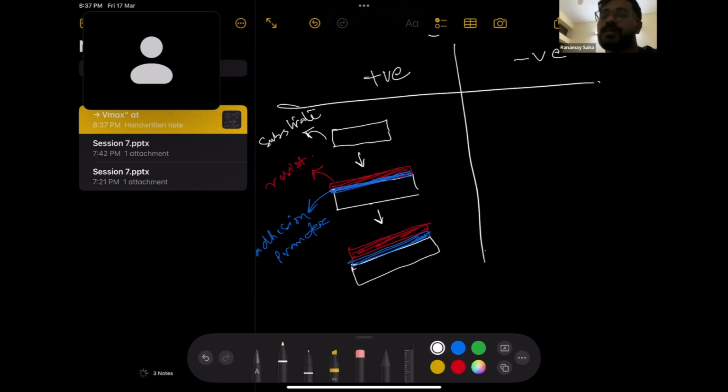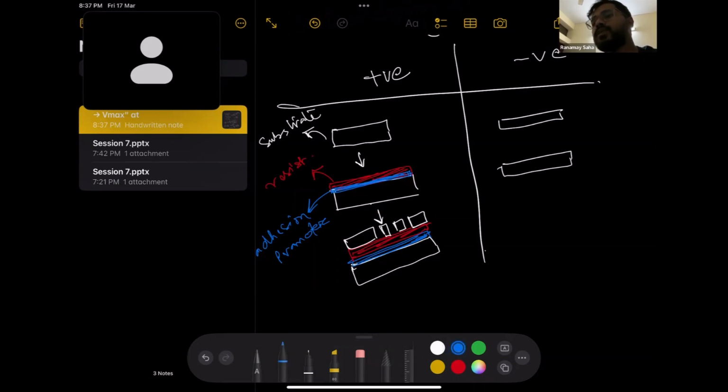Now you do the patterning process. Suppose you expose some areas to the source and leave some other areas. After this, you do the same for both. So here also you have a substrate, a coating of adhesion promoter, and a coating of photoresist.